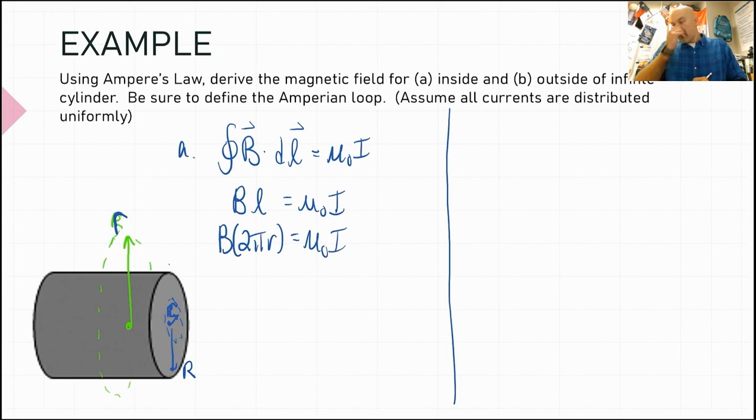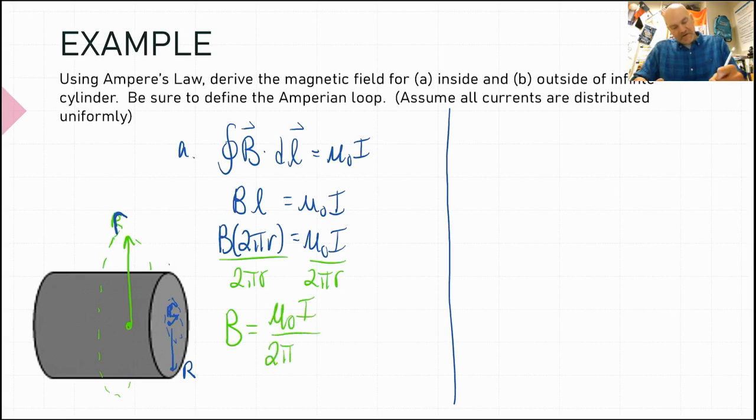Then we solve for B by dividing both sides by 2 pi r. The magnitude of the magnetic field around this cylinder is mu naught I over 2 pi r. This is outside the cylinder, and that one's easy because we don't have to worry about what's happening inside.